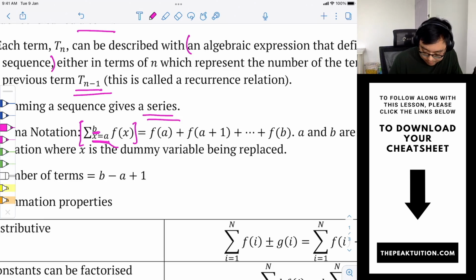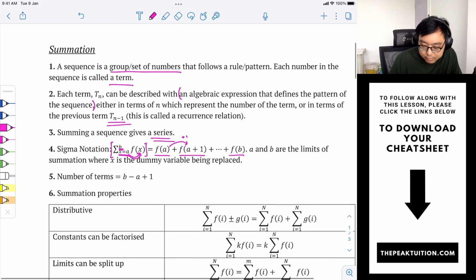We substitute a into x, a plus 1 into x, so on and so forth, and we add them all up. So this summation equals f(a) plus f(a plus 1) plus f(a plus 2), so on and so forth, until we sum to b. Note that in a series summation, the step is always plus 1 in what is being changed. Okay?